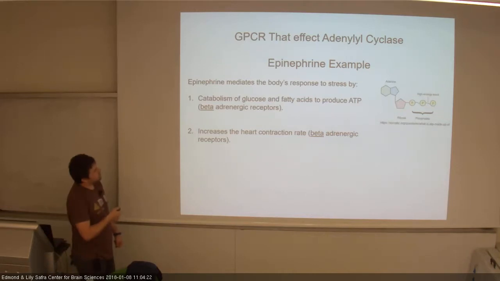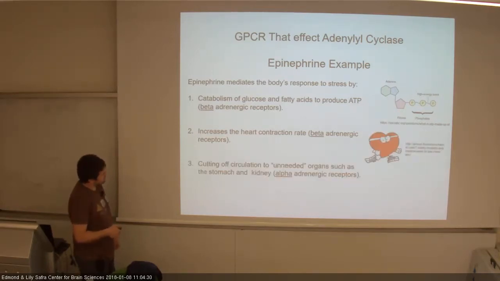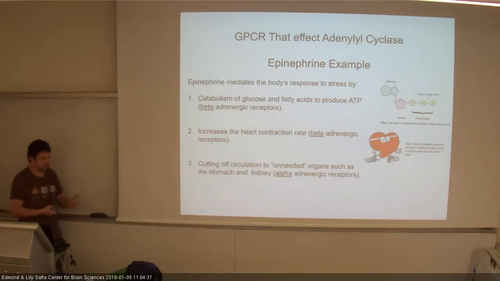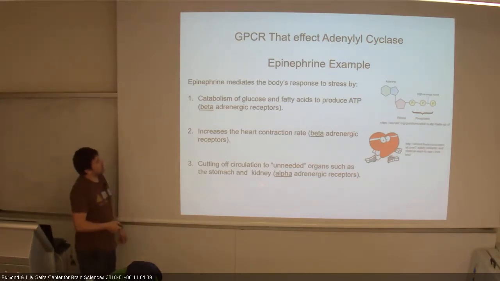This happens through beta-adrenergic receptors. Then an increase of heart contraction rate also happens through beta-adrenergic receptors, and cutting off circulation to the stomach and kidney happens through alpha-adrenergic receptors, but all of these receptors are activated by epinephrine.